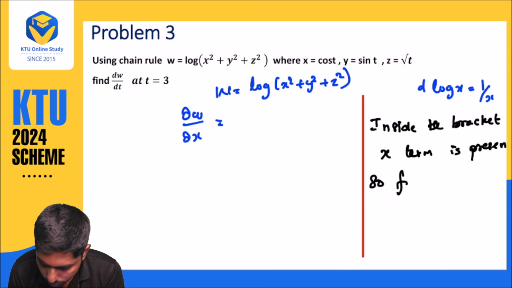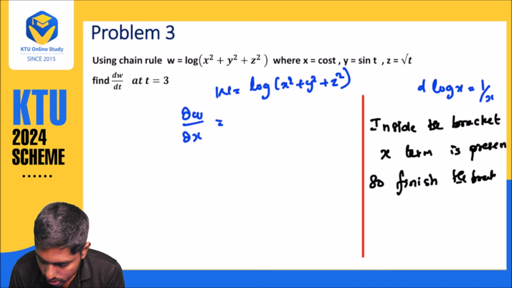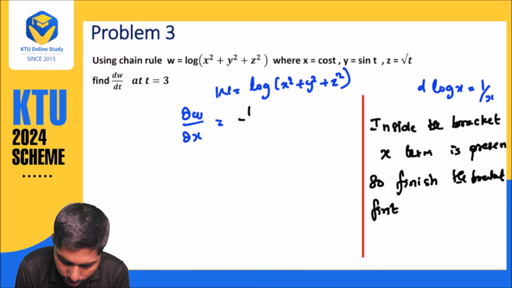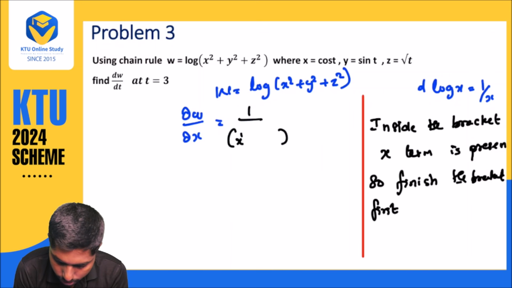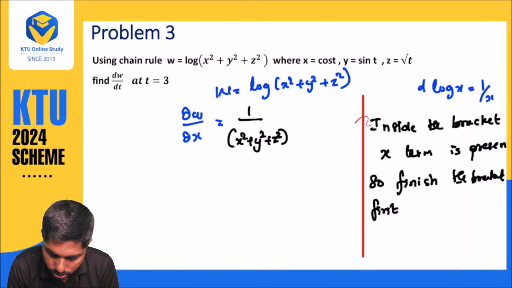Finishing the bracket first, we will be getting 1 divided by (x² + y² + z²).